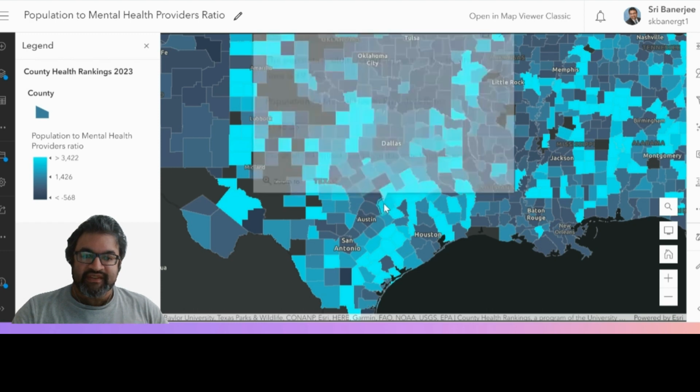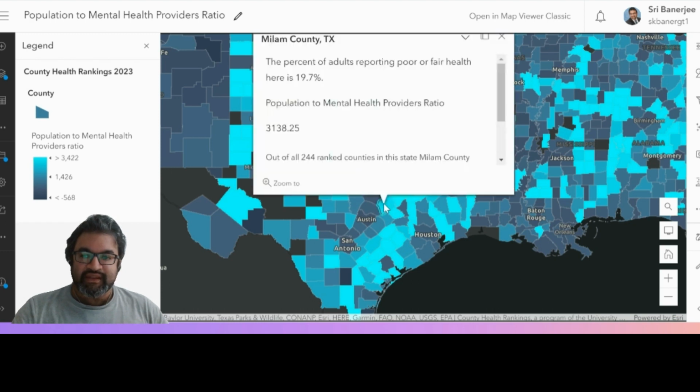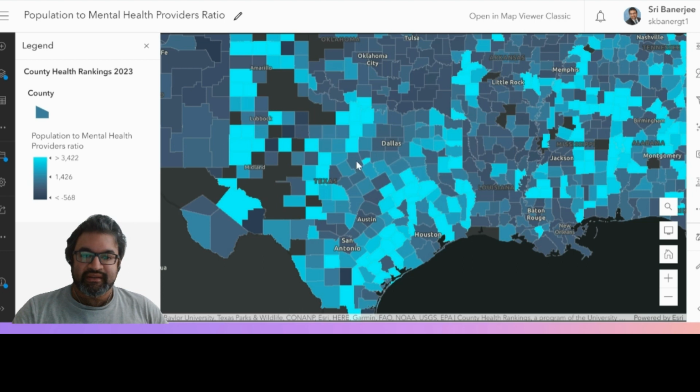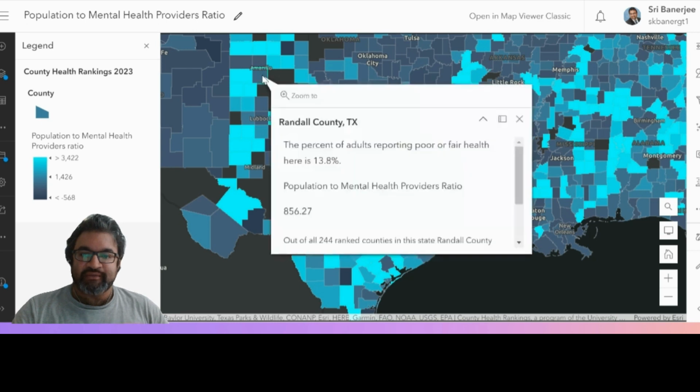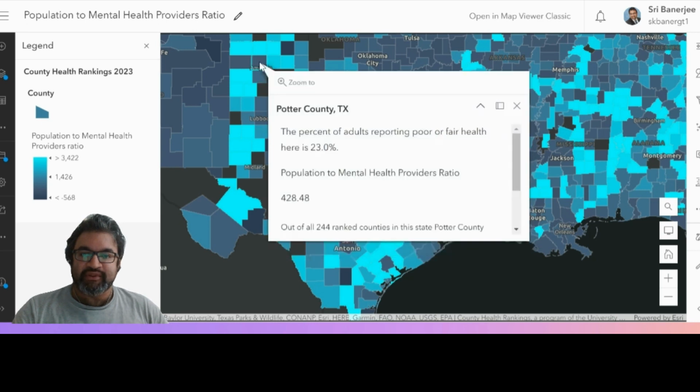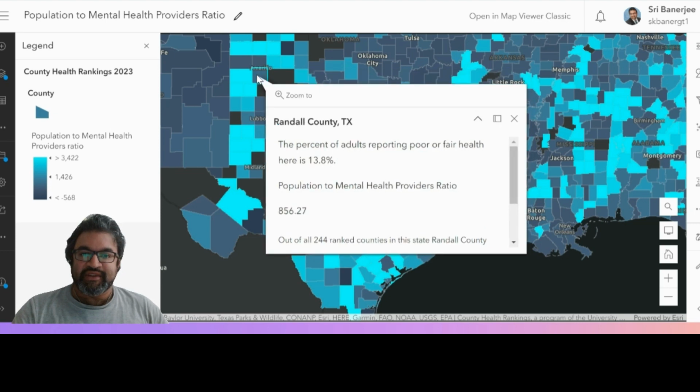So, for instance, these values are higher, so you know that the population is not quite being covered. So these are all of the areas which have high and low providers. I've actually been to Amarillo, Texas, and there are providers there.